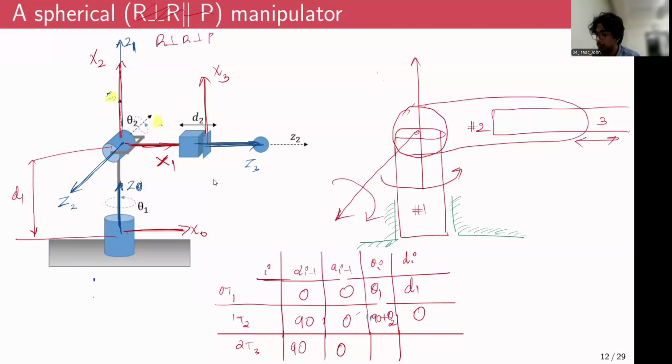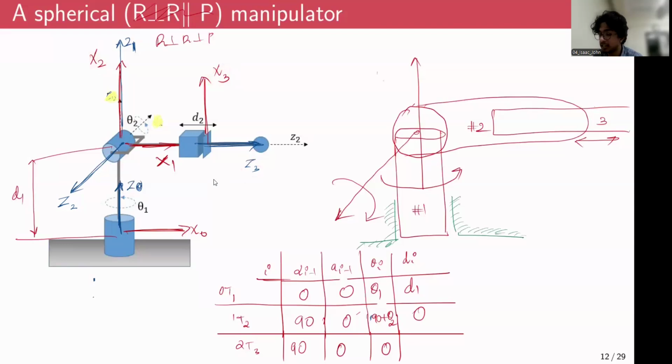And now theta is also 0 because it's a prismatic joint. It's not going to rotate about any angle. And finally, di is the perpendicular distance between x2 and x3 measured along Z3.